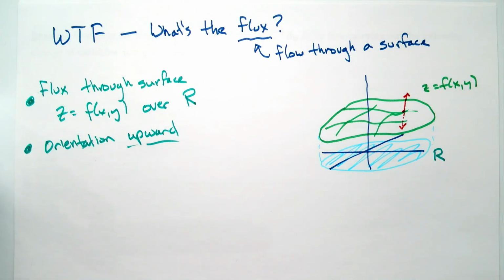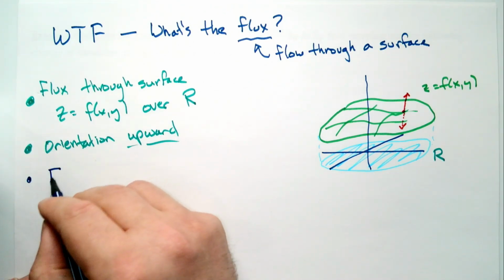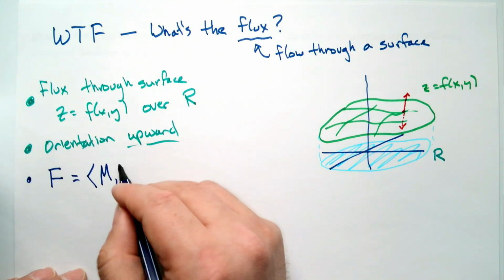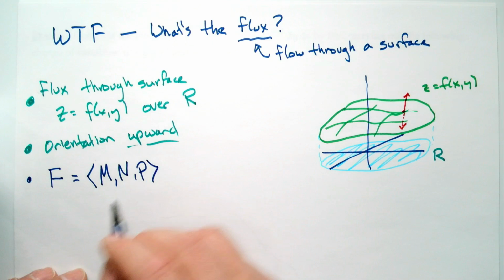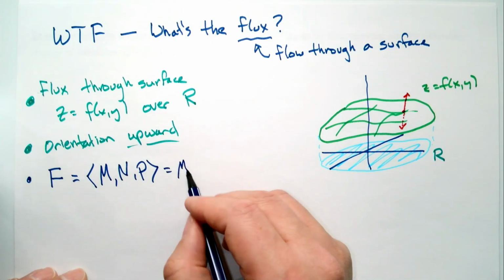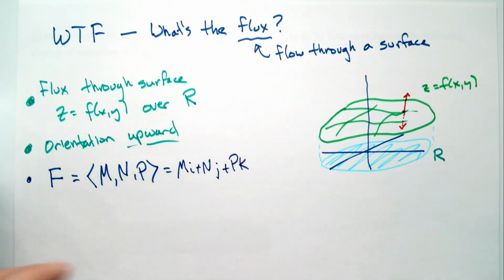So you need to know the surface, you need to know the orientation, and the last thing you need to know is the actual flow function. It's given as a vector-valued function. So you're looking for a vector-valued function, and you read off the pieces. It might be written as M, N, P, it might be written as M i plus N j plus P k. Those are the two different ways that we tend to write these things.